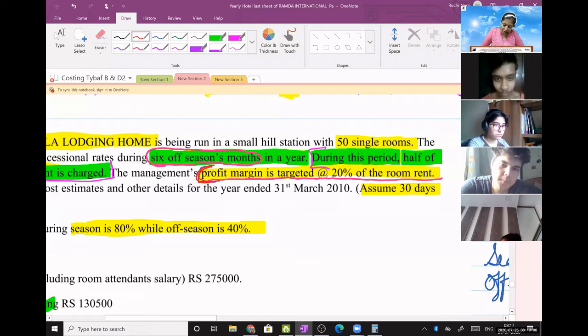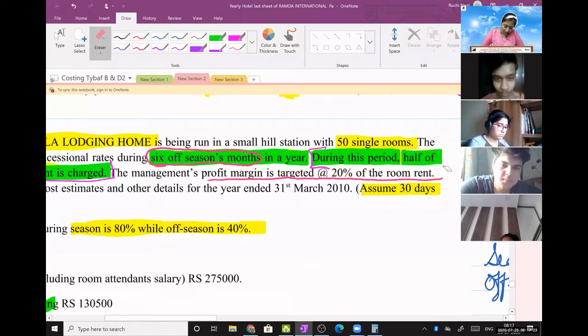Profit margin is targeted at 20% of room rent. So room rent means revenue. So revenue is how much? 100. It is the base, so I will take that as 100.